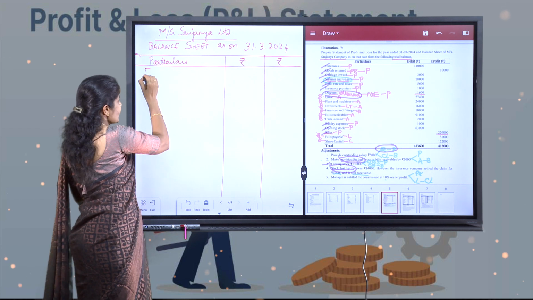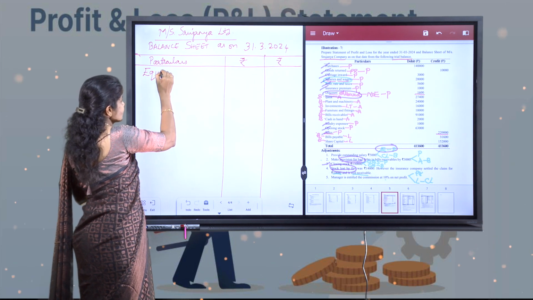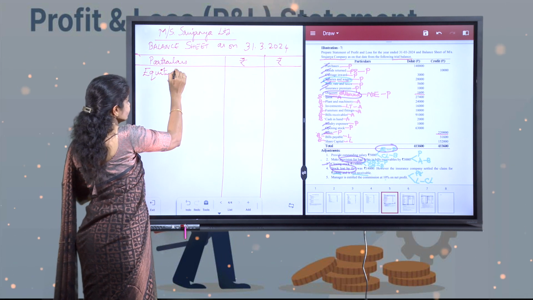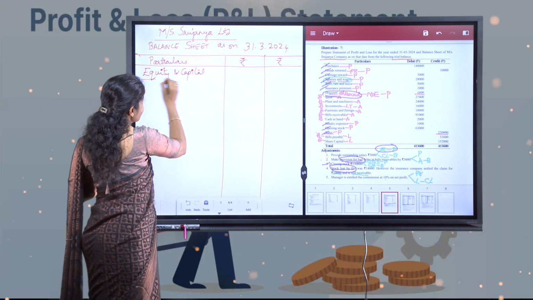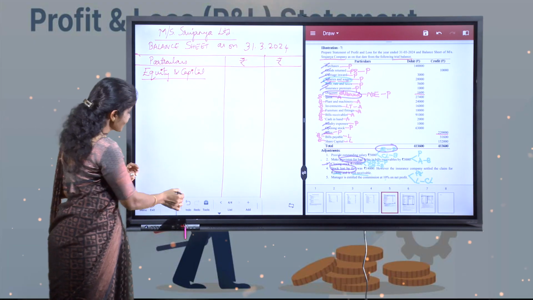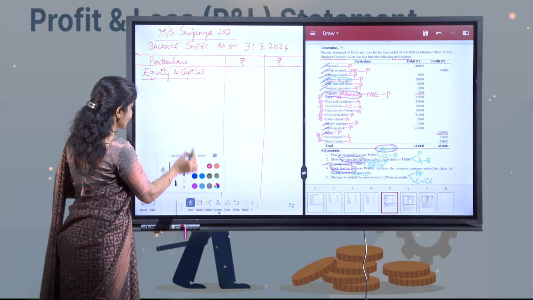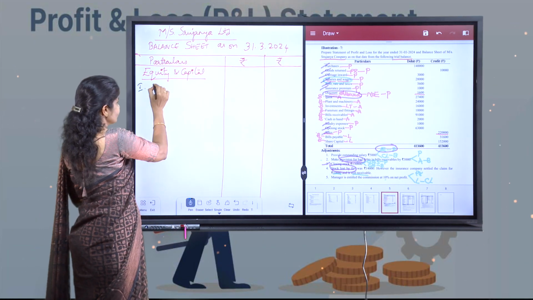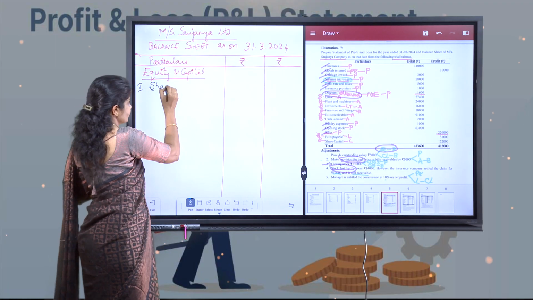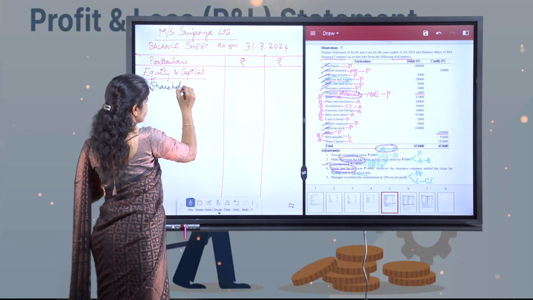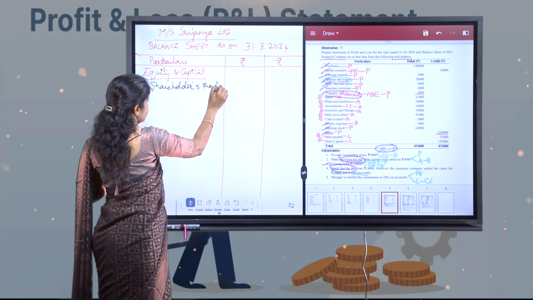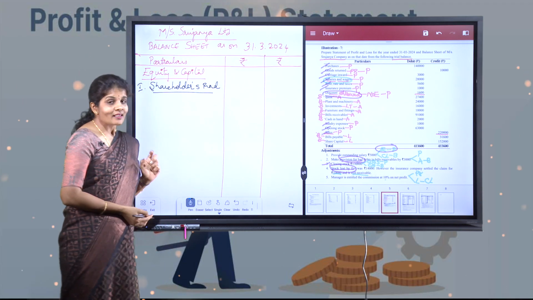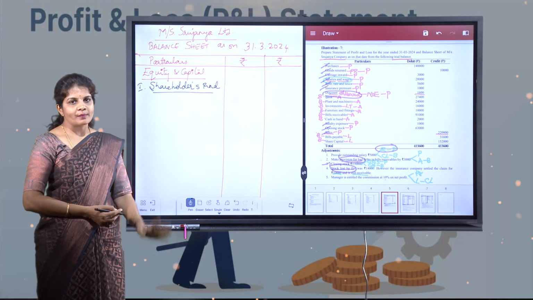So what we have to do? First we need to take equity and liabilities. Under equity and liabilities, the first heading is shareholders' fund. Under the shareholders' fund, the first item is share capital.